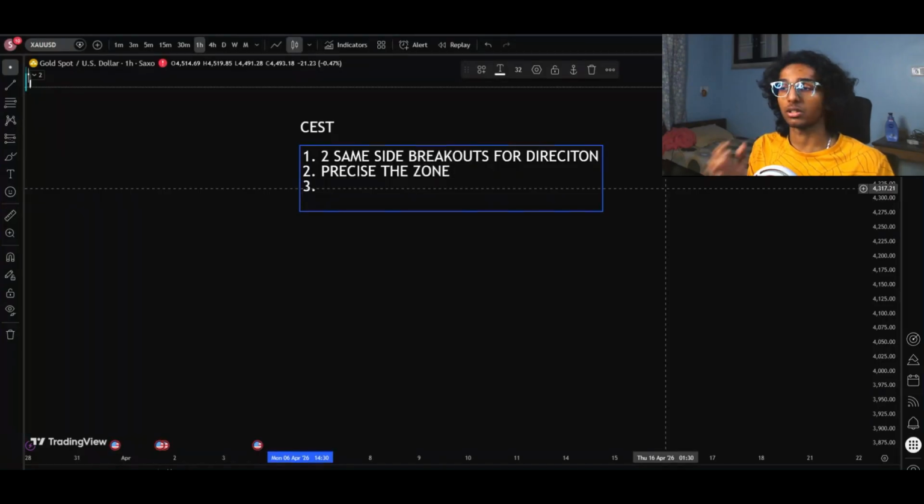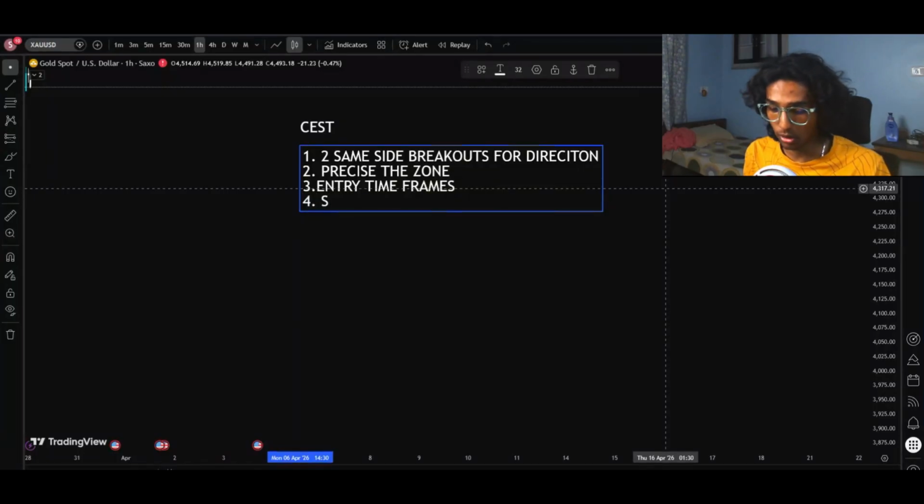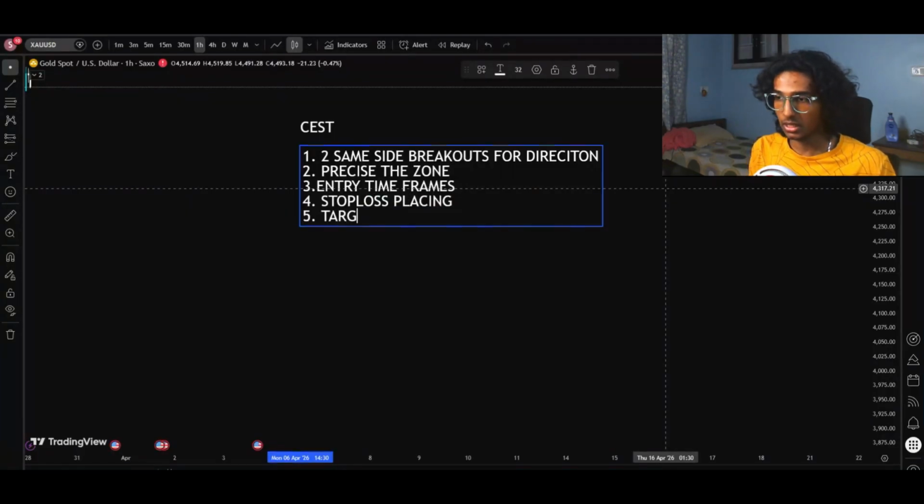Third, there are multiple conditions, about entry time frames. Fourth will be around stop loss placing. Fifth will be target.